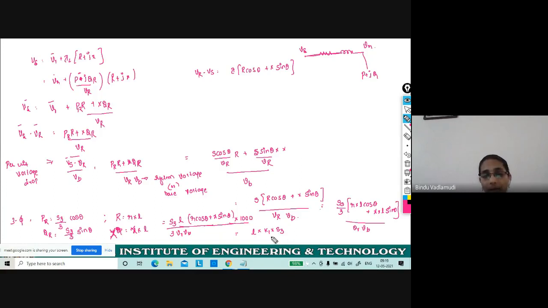Other than L and S, all I am considering as K1. So K1 is equal to R cos theta plus X sin theta by 3 into VR into VB. Is it the value?